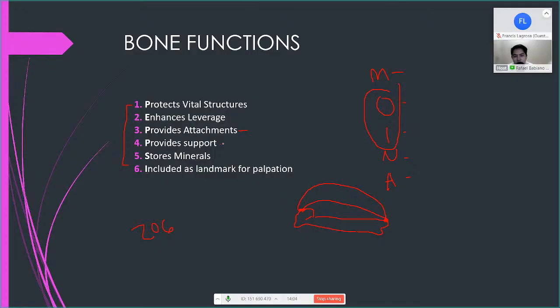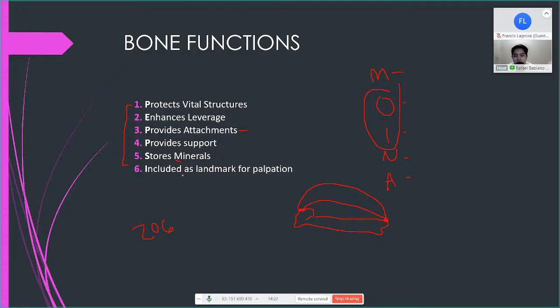Of course, when you stand, when you walk, when you run, or sitting down, your bones are your support, so that you are stable, right? Then stores minerals. I mentioned earlier, like water, protein, calcium, and other minerals. They are stored in your bone.